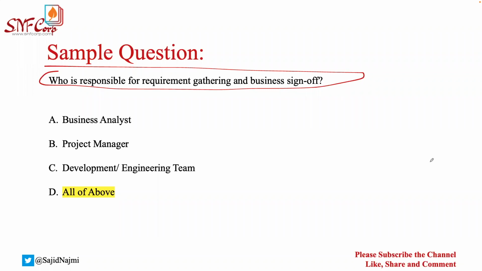But in general, it is teamwork. It is collective teamwork, and the BA is also part of the team. Product manager, development team, they are all part of the team. So everybody is equally doing the same thing. They're all equally responsible, but accountable is different. There's a difference between responsible and accountable.